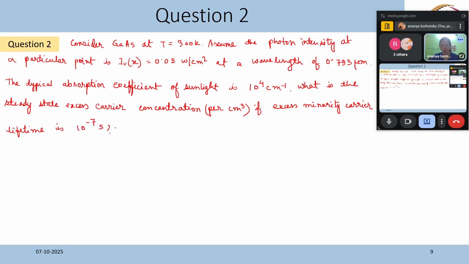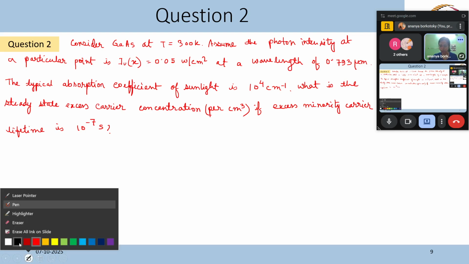Okay, this is steady state where we are shining light continuously of this wavelength, but then again electron and hole pairs are generated, and those generated pairs will have a certain lifetime. After that time they will recombine. So that is why this information is also given to us. So we have to find the excess carrier concentration. Okay, let's find this.